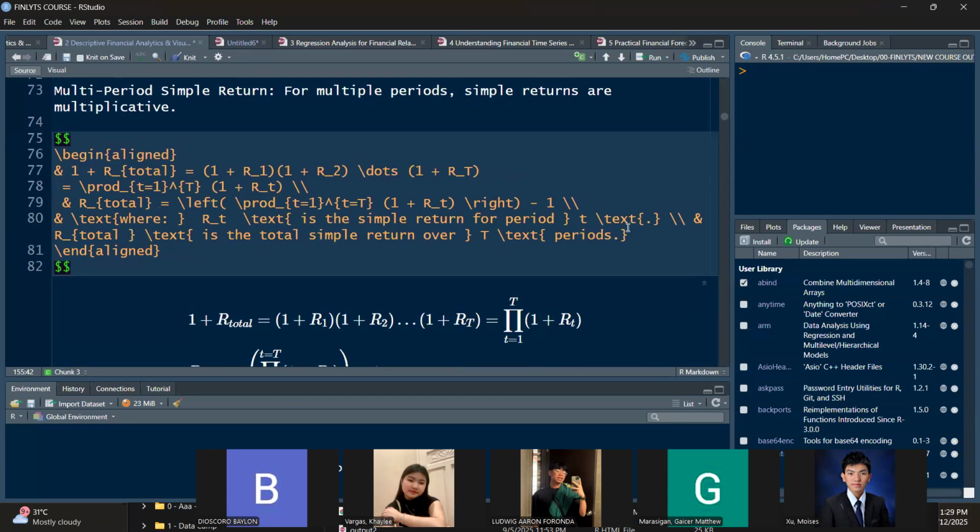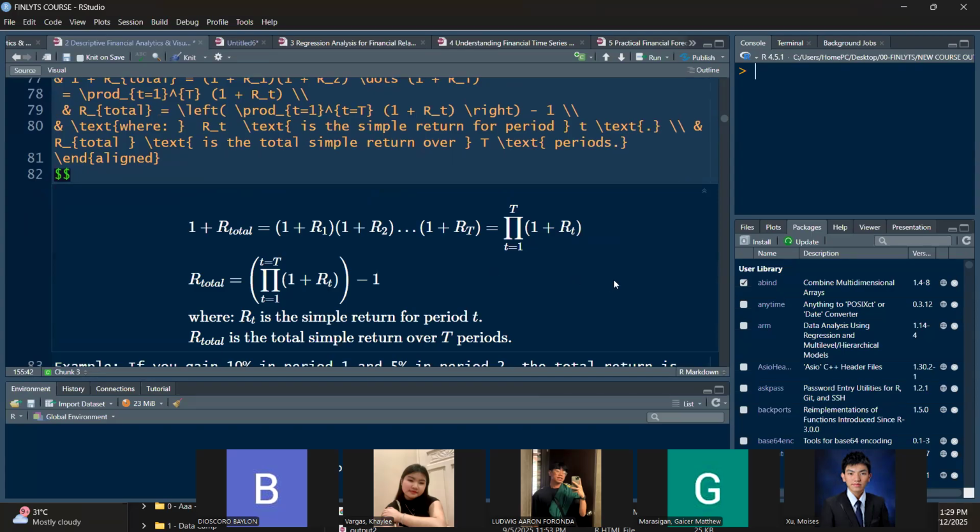Now, if you have a series of returns, you can get the multi-period simple returns by getting the product. We learned the formula: 1 plus the total return for the period. So we get the product of 1 plus R1, where R1 is the return for period 1, 1 plus R2, where R2 is the return for period 2, until the last period.